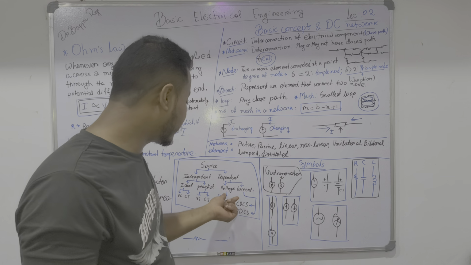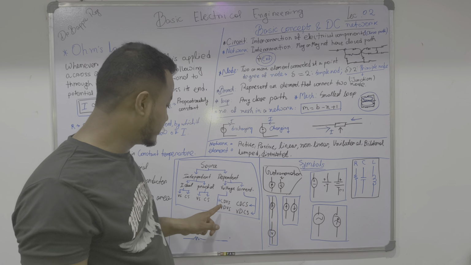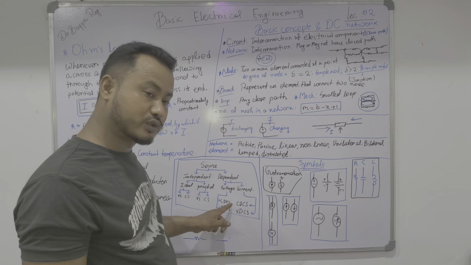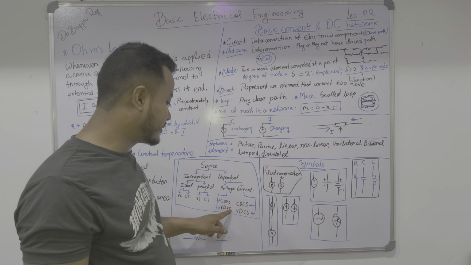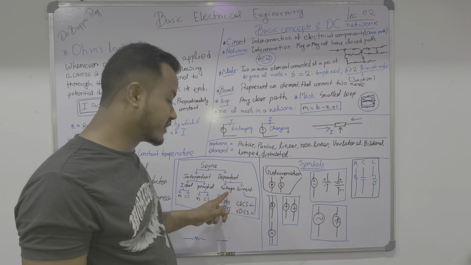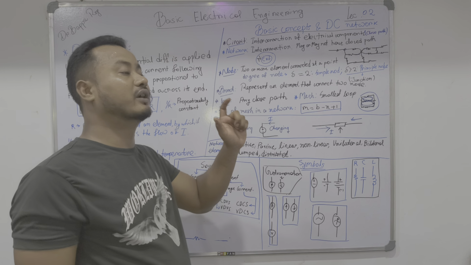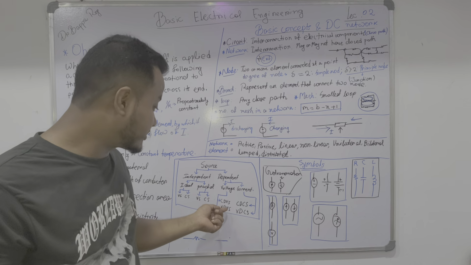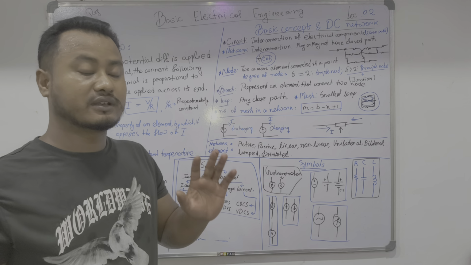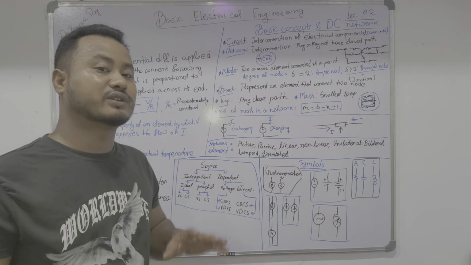Then dependent voltage sources: we have current dependent voltage source and voltage dependent voltage source. A current dependent voltage source means this voltage source depends on the current of any other component present in the circuit.